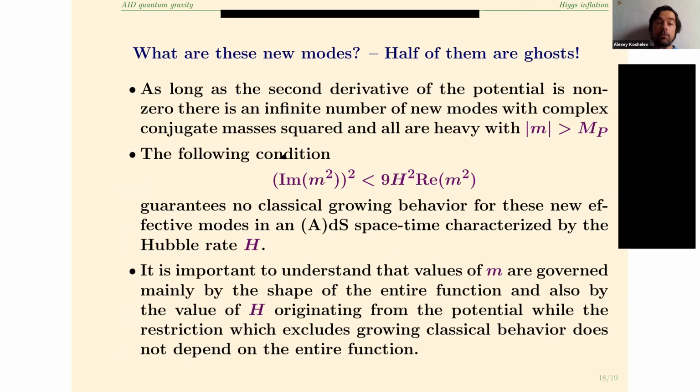Then it looks like as long as we organize this condition to happen, which exactly says that imaginary part of some mass of some excitation squared should be less than 9h squared real part of the same mass squared, then we can guarantee that whatever these new, let's name them, would be excitations, whatever they are, ghosts or not ghosts, and actually following the Lagrangian, it's not even trivial to see what they are, but what we definitely know with this condition, they will not have growing classical solutions.